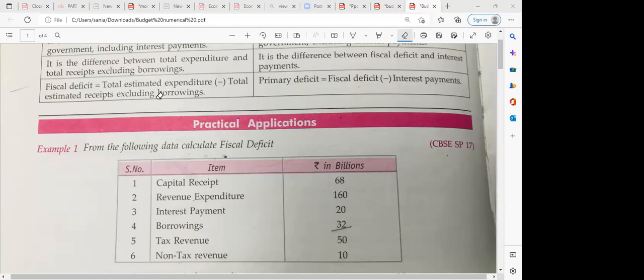Day after tomorrow you have a test of numerical, so I am expecting good marks from your end. Please watch the recordings. In the first recording we introduced the theory part, and in the second recording of this government budget, you will get the numerical portion. Or you can text me personally. I'll share the particular slide where all the formulas are mentioned, so that you can score well in the upcoming exam, which is on Thursday.